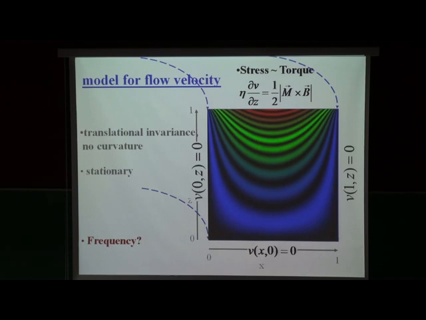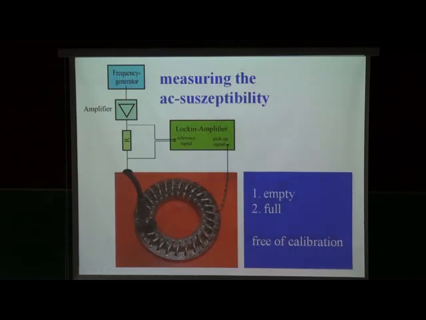Now the question is, how does this flow velocity, especially this maximal flow velocity, depend on the frequency? And this is where a macroscopic description is important. So, in order to know something about our magnetic liquid, we've measured the AC susceptibility with a simple setup.